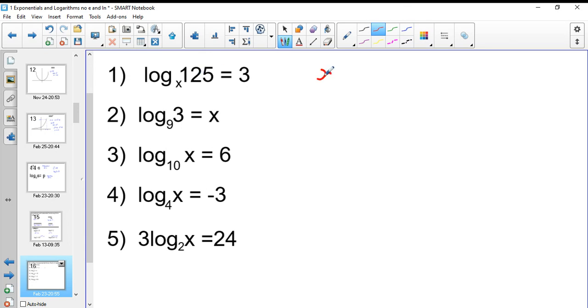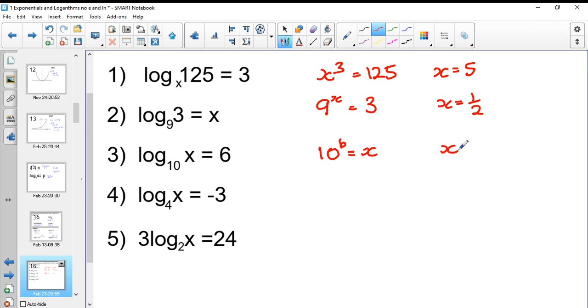So x cubed equals 125, which means that x is the cube root of that, which is 5. 9 to the power x equals 3. 3 is the square root of 9, which means x must be a half. 10 to the power 6 is x, which means x is 1 million. 4 to the minus 3 equals x, which means x is 1/64.